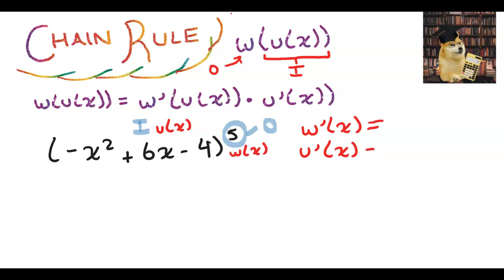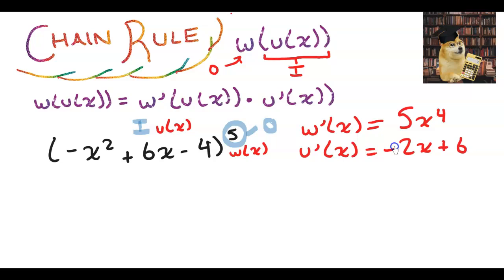So our w prime of x comes to be 5x to the fourth power, and our u prime is easy, because in this case the minus 4 becomes a 0 as it doesn't have a variable, and our minus x squared becomes minus 2x plus 6.